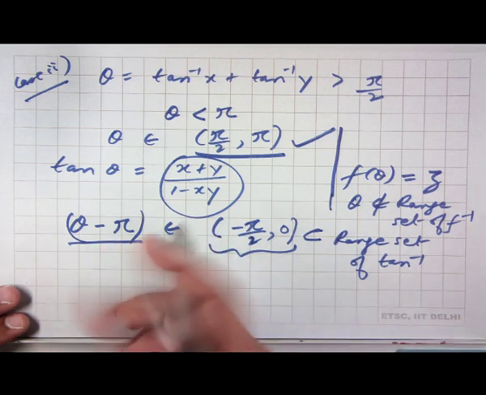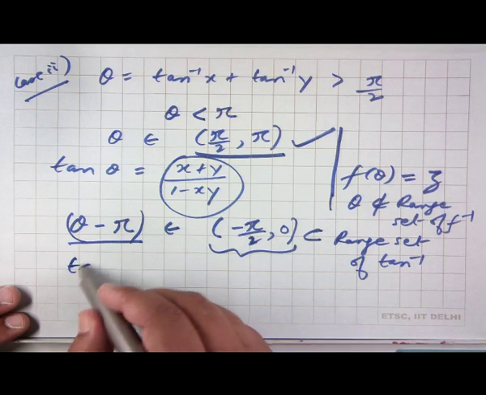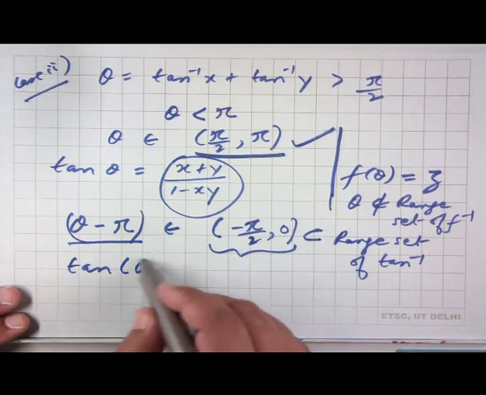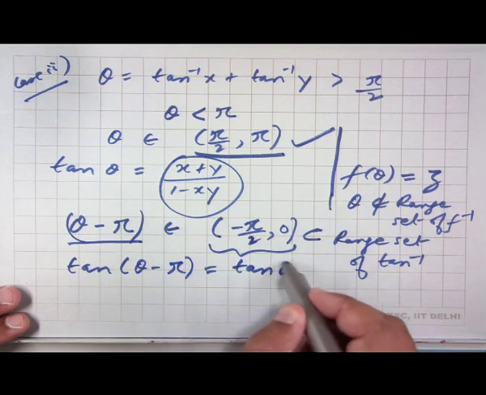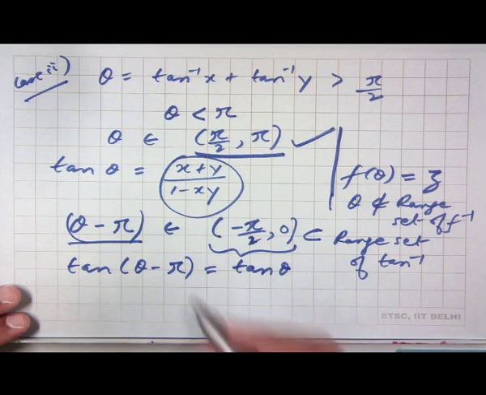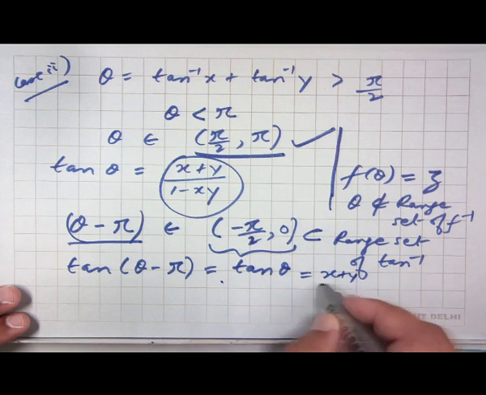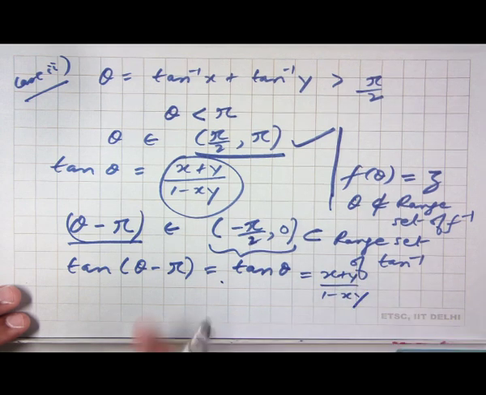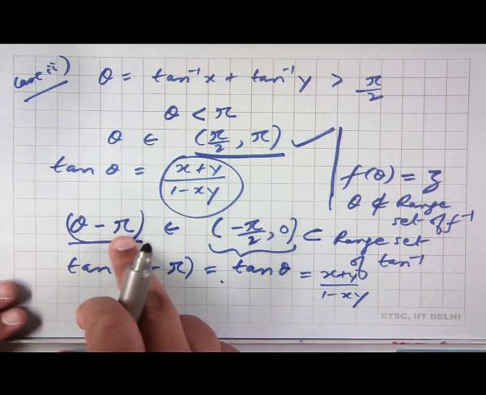The second is that I know that the tan function is periodic with pi. So, tan of theta minus pi is the same as tan theta, which we know is equal to x plus y over 1 minus x y. So, that is the other reason why we chose this angle pi to be subtracted from theta.